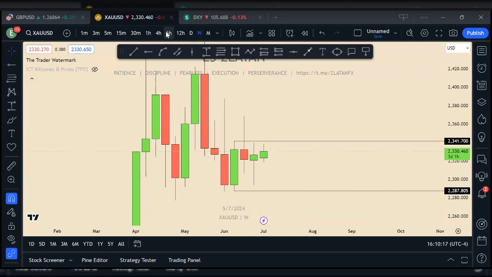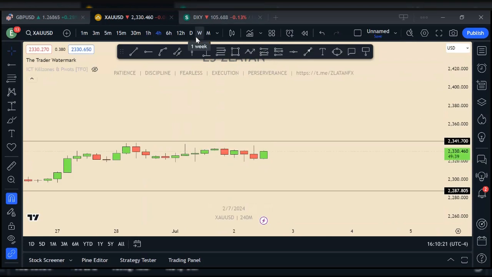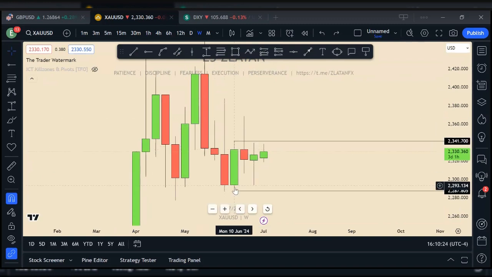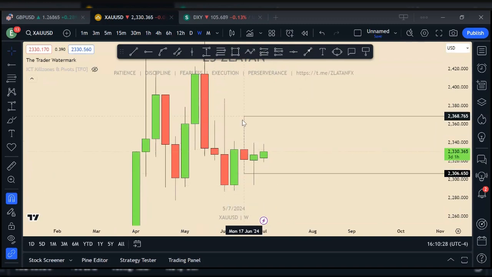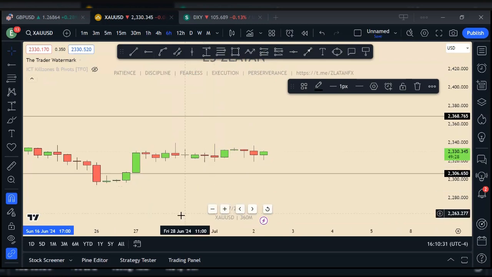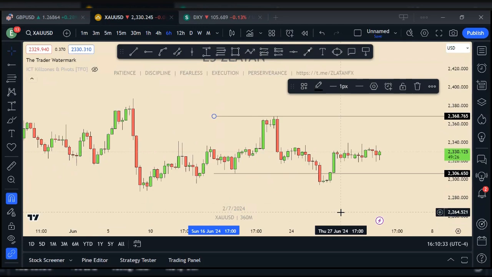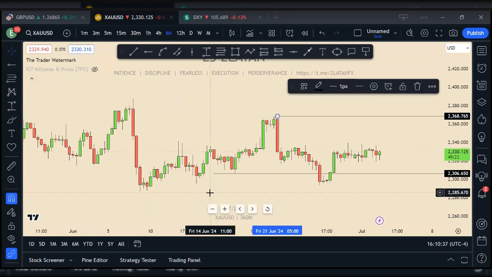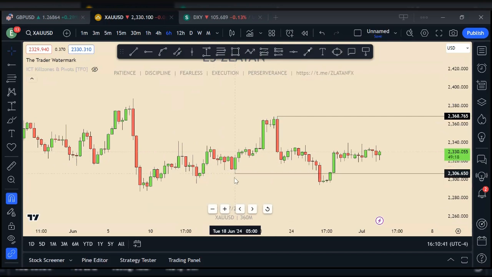Now, when you scroll down maybe to your lower time frame chart, you notice that this is literally descending, right? This is literally descending that I showcase daily.